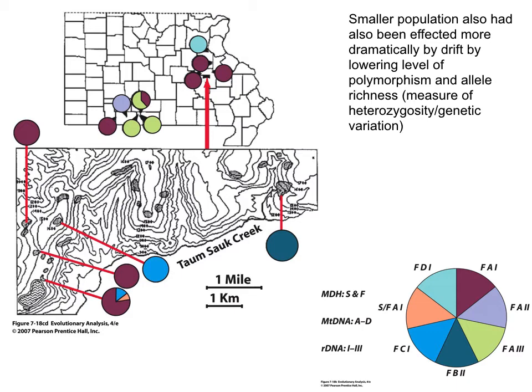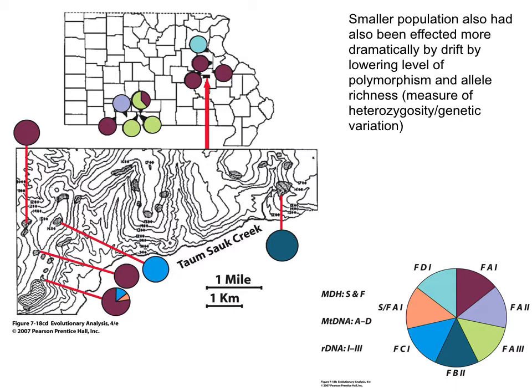And so what that said is when Templeton and his researchers went in there and scored them for these markers, they found that all of the individuals had the fast allozyme. They had the C mitochondrial haplotype and a type 1 rDNA marker. And so that's what that pie chart shows you.